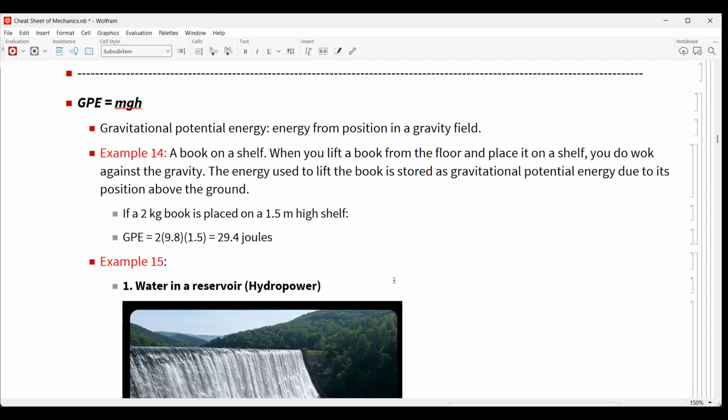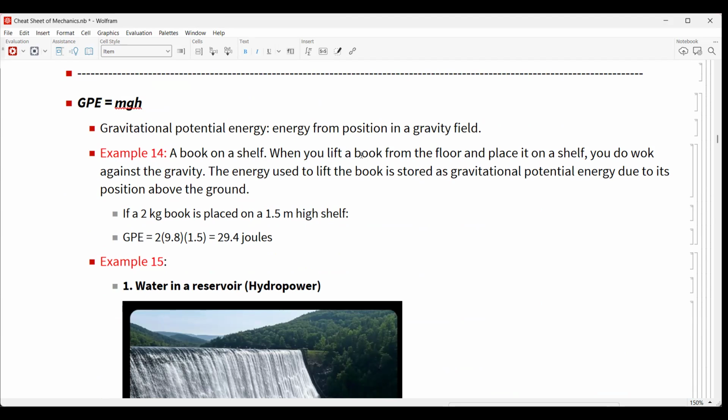We have the gravitational potential energy, equal to the product of mass times acceleration due to gravity times height. Gravitational potential energy is energy from position in a gravity field. For example, a book on the shelf. When you lift a book from the floor and place it on the shelf, you do work against gravity.